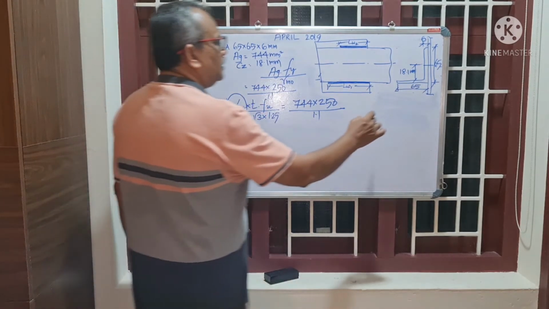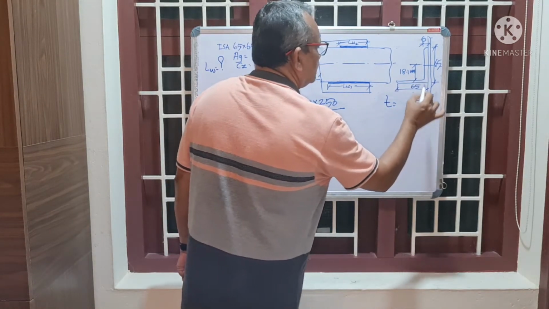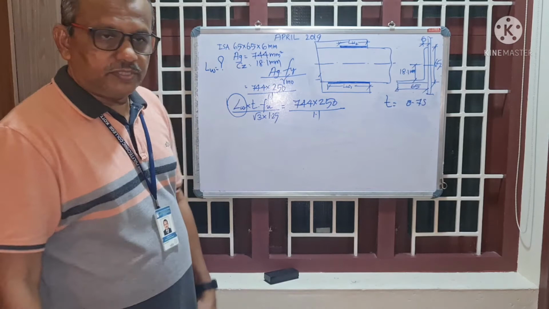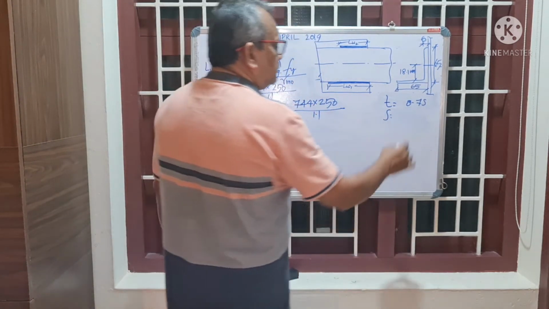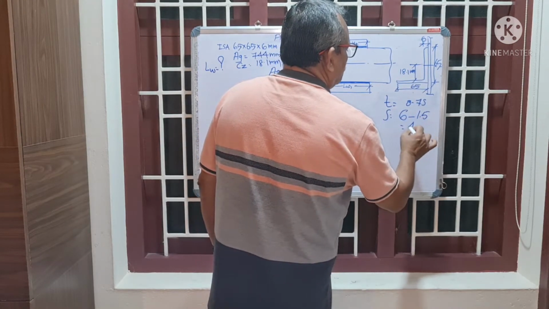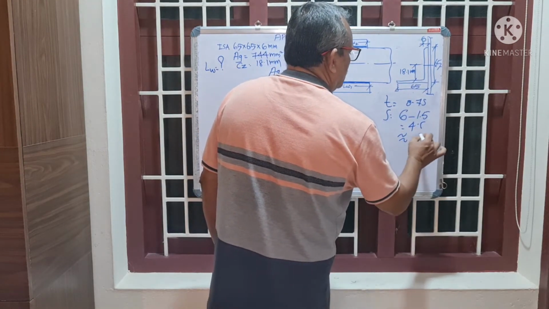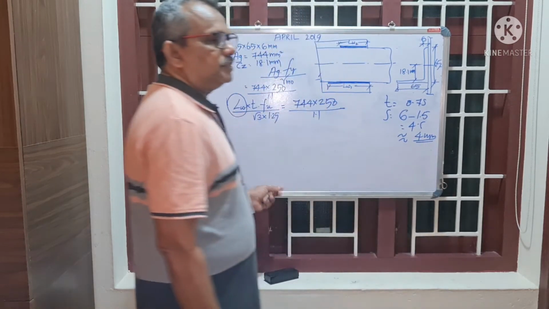What is t? t is the throat thickness. You know, t is equal to 0.7 into the size of the weld. What is the size of the weld? Size of the weld is equal to the thickness of the plate, that is 6 mm minus 1.5, equals 4.5. So take it as 4 mm.